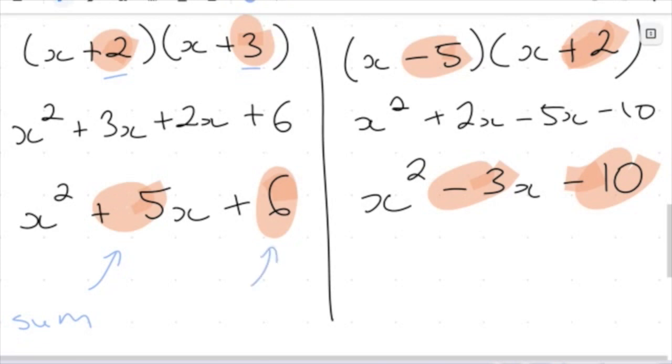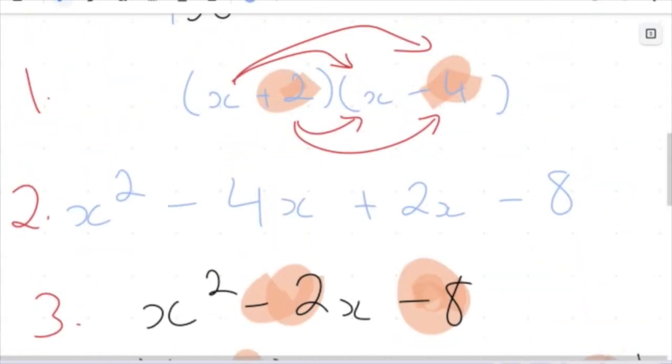And the 6 here is actually the product of 2 and 3. So if I multiply 2 and 3, I get 6. Now that could just be a coincidence. Let's have a look at all of our examples.